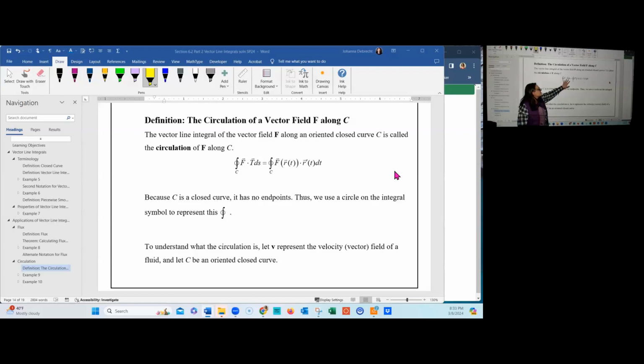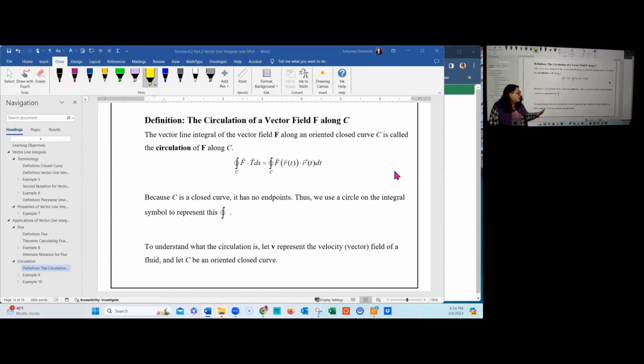It is the vector line integral formula that we were using earlier in this section, with the added part that it has to be on a closed curve. It's simply F of r of t dot r prime of t dt on a closed curve. We're going to discover in the next section that if the vector field is conservative, then evaluating this on a closed curve will give us 0.